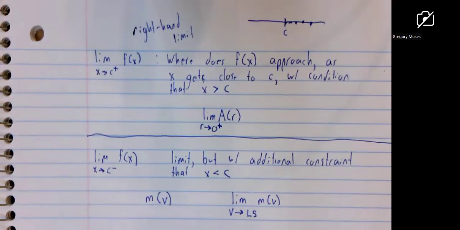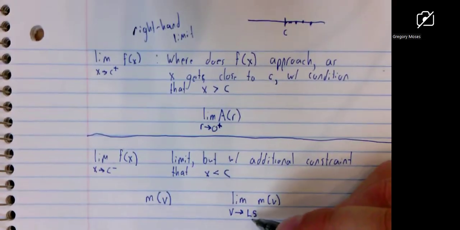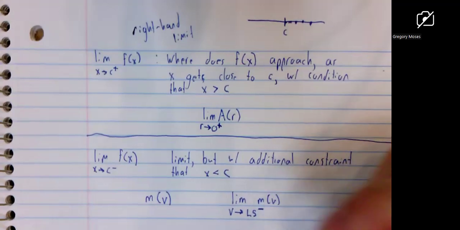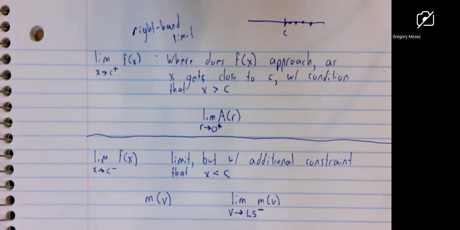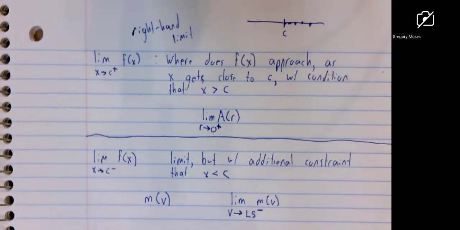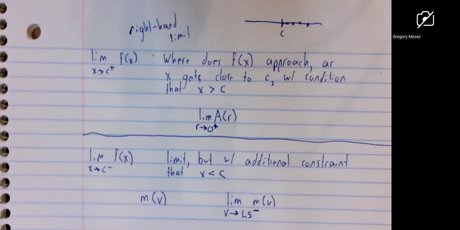But in day-to-day matter, maybe there are tachyons or theoretical particles or whatever, but day-to-day matter is all traveling at speeds less than that of light. So we're approaching light speed, but there's an additional assumption that our current speed is less than the speed of light. So there's an example of a left-hand limit.